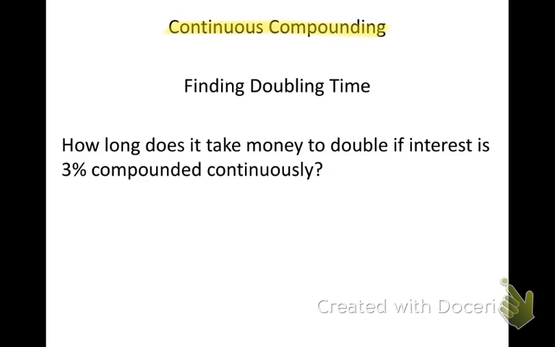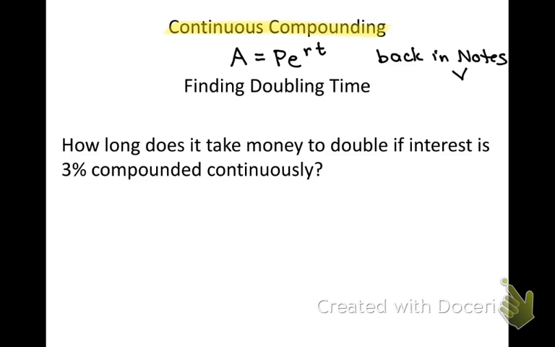When we look at continuous compounding, we are using A equals Pe to the rt. We also saw this back in Notes V. If you remember, I had a little picture of a Pert shampoo bottle there. So the way I remember this equation, A equals Pe to the rt, is thinking of that Pert shampoo.